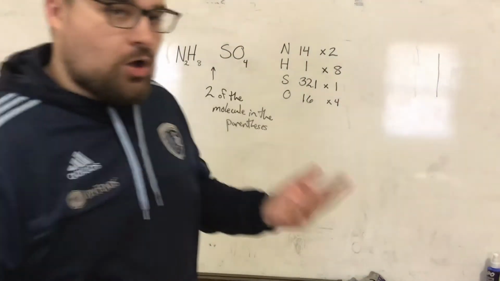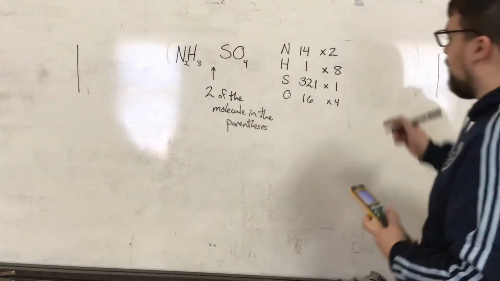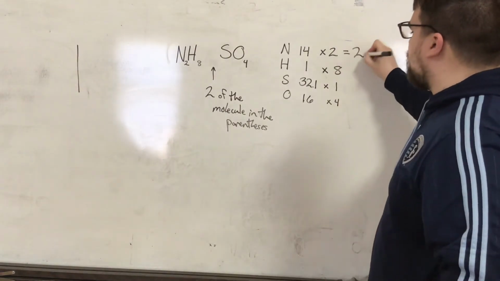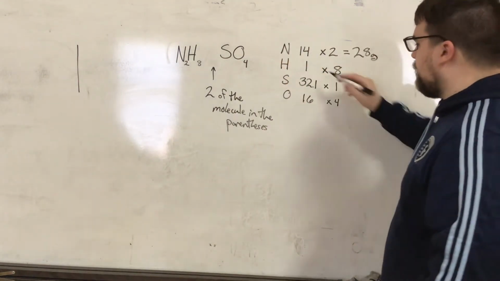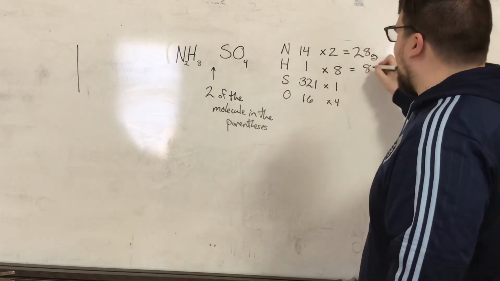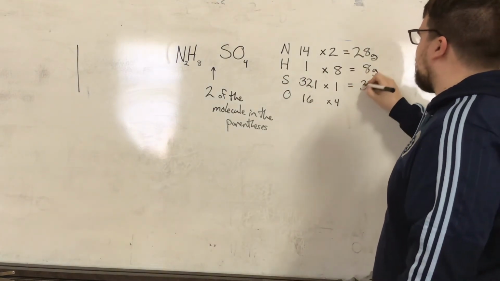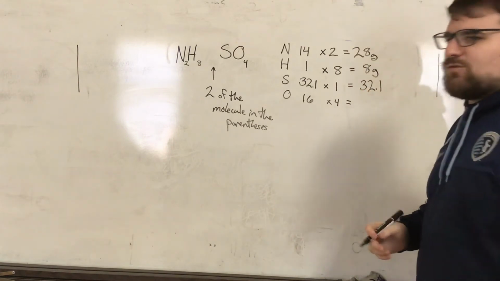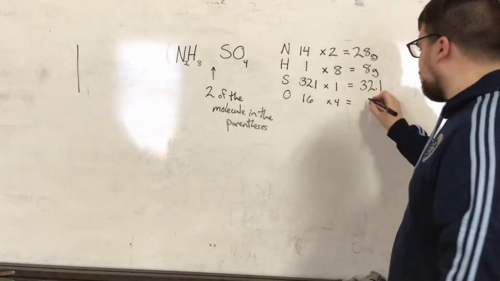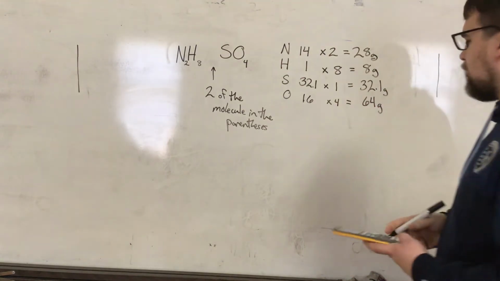So if we have all of this, I'll put it in my calculator here. 14 times 2 is going to give us a total of 28 grams of nitrogen. 1 times 8 is going to give us 8 grams of hydrogen. 32.1, we just have a single sulfur atom. And then 16 times 4 is 64, I think. So we have 64 grams of oxygen.